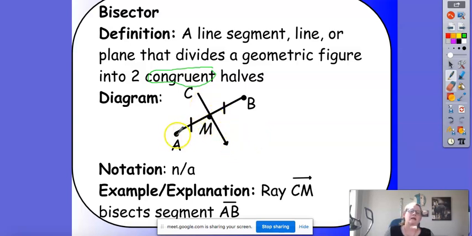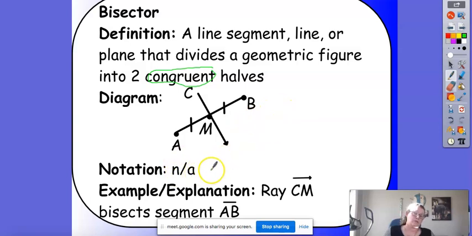So I have this line segment AB. And is this a line? No. Is it a line segment? No. It is a ray. Ray CM bisects line segment AB. And bisect just means I'm going to cut it in half. Notice there's no notation.